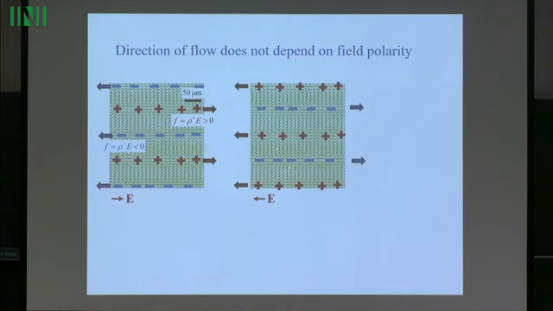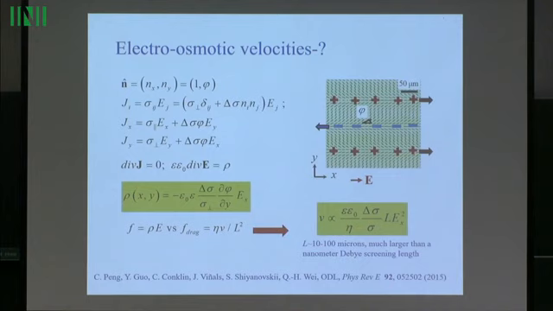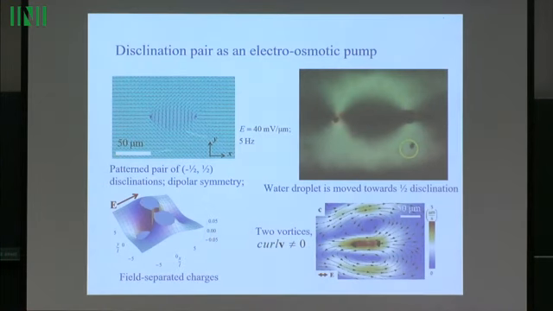It changes the locations of the ions, but since the force is proportional to the product of charge and the electric field, the net result is that the forces and flows are in the same direction. I can repeat the same consideration as before and end up with this formula that you've already seen, and then I can play with different patterns. For example, this is the pattern with 2 defects, and this is small water droplets.